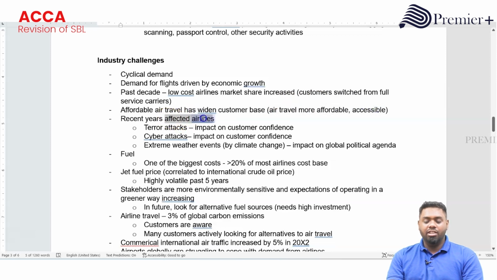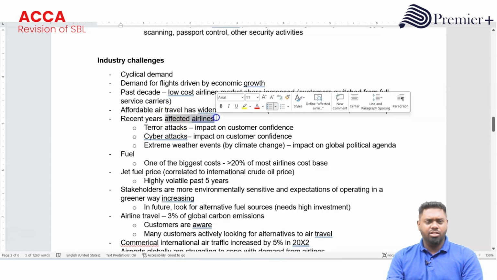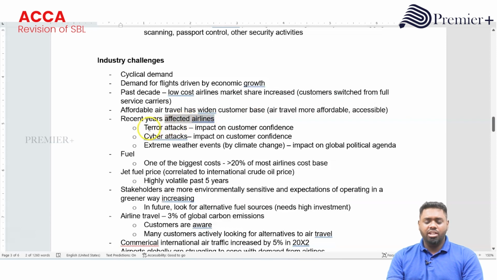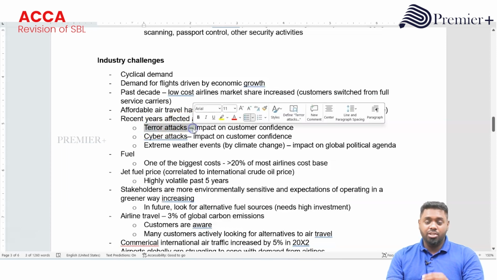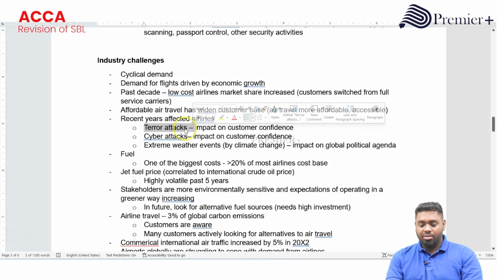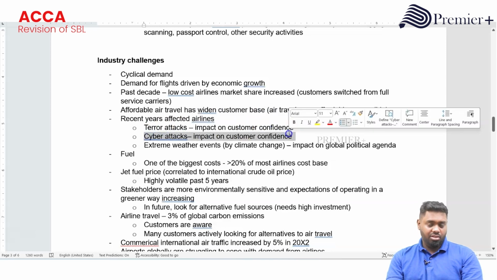Recent years have affected the airlines. Okay, recent years have affected the overall industry, including terror attacks. Now customers are not confident. See, for an airline, when it's transiting, if it encounters a problem, the threat to passenger safety is very high, because it's up in the sky. Next, cyber attacks impact customer confidence.